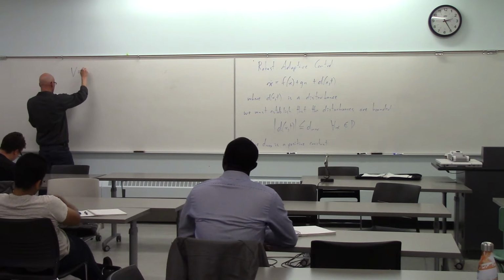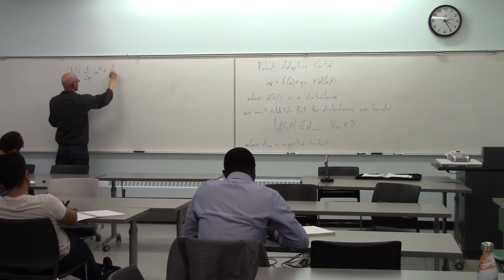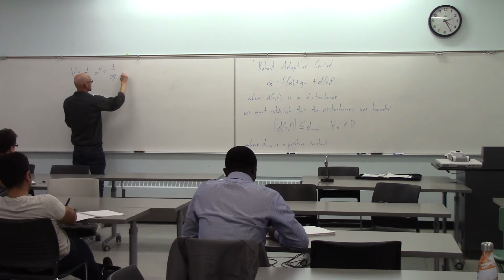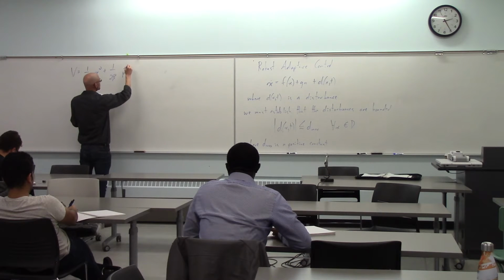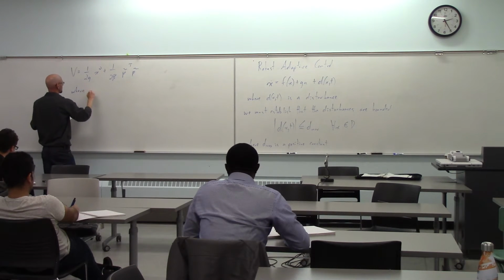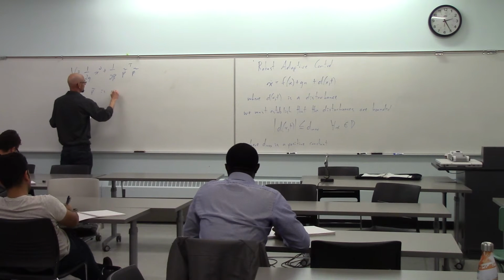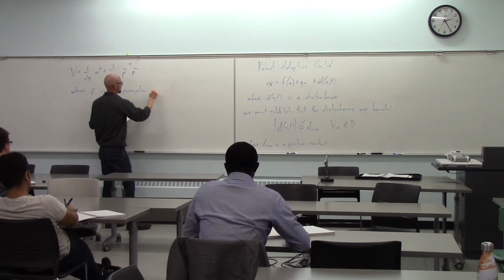We can do b equals 1 over 2g x squared plus 1 over 2 beta p tilde transpose p tilde, where p tilde is my parameter error vector.